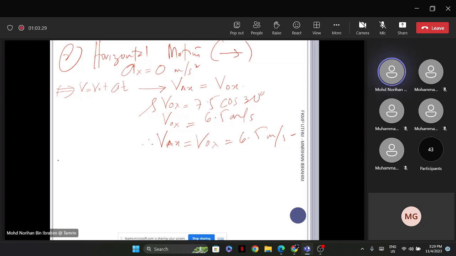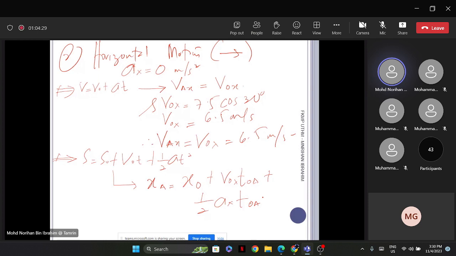Then we consider the second equation, which is S is equal to S naught plus V naught T plus half AT squared. So this will become XA is equal to XO plus VOX TOA plus half AX TOA squared.